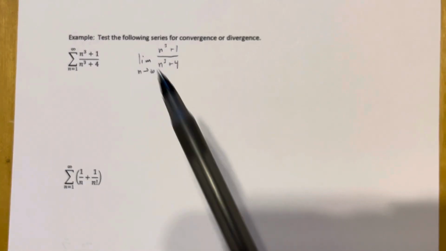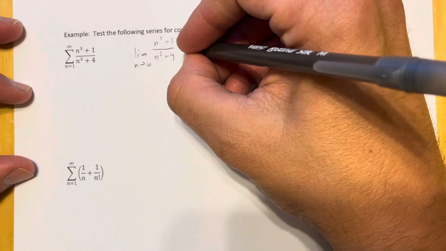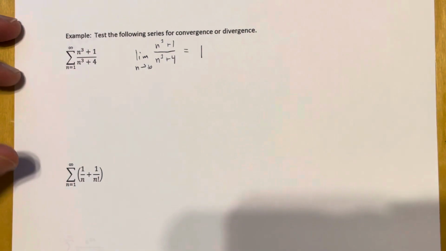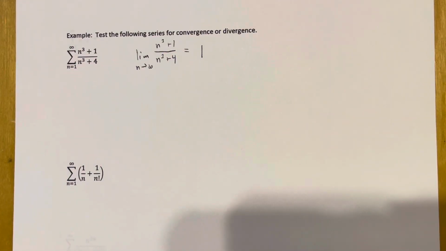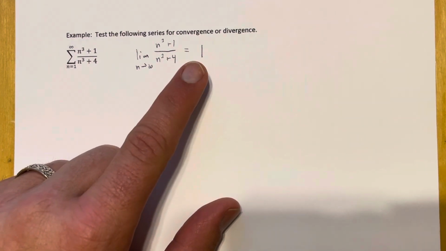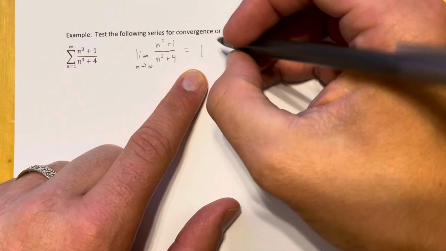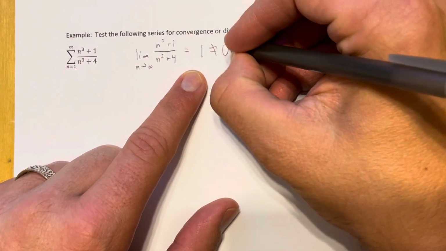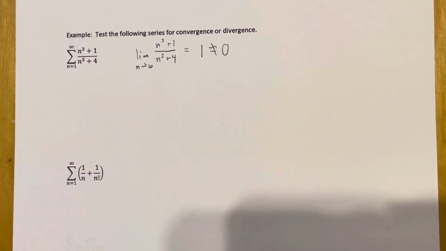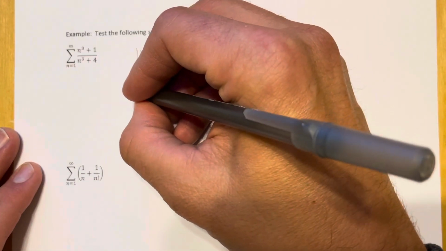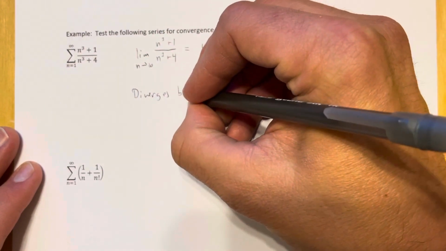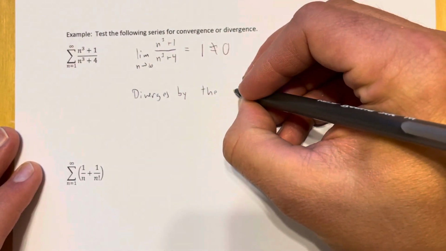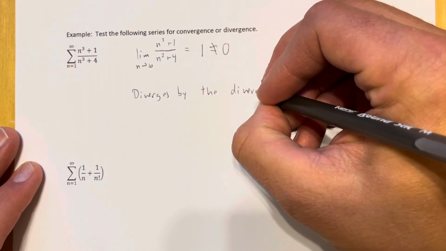It's not hard to show why that's the case, but we've been using that fact pretty regularly up until this point. So this limit is equal to 1, which is not 0, which means this series diverges by the divergence test.